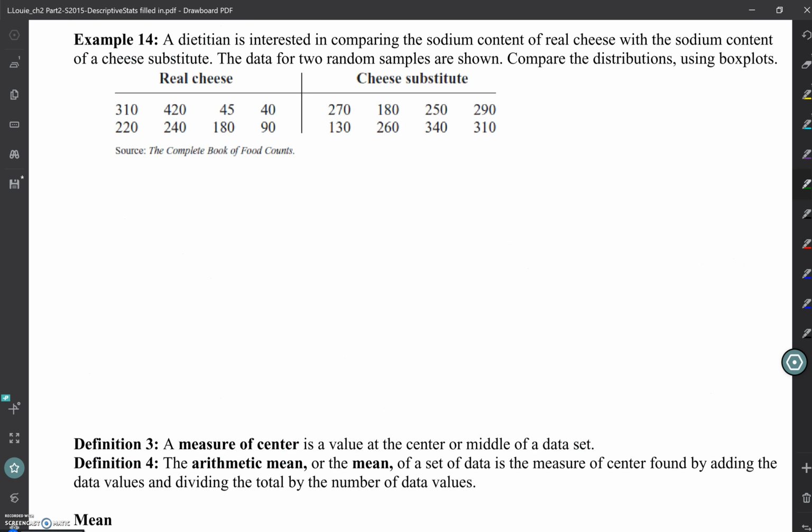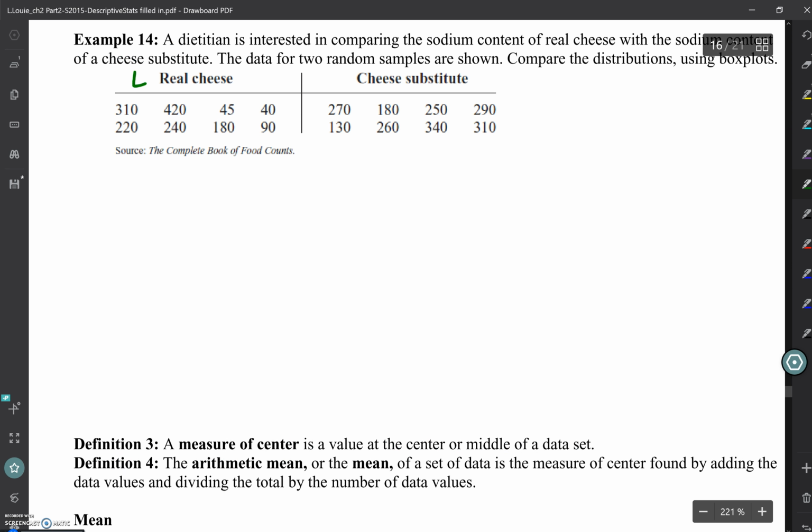In a calculator, we could say our real cheese is going in L1 and our substitute is going to go in L2.